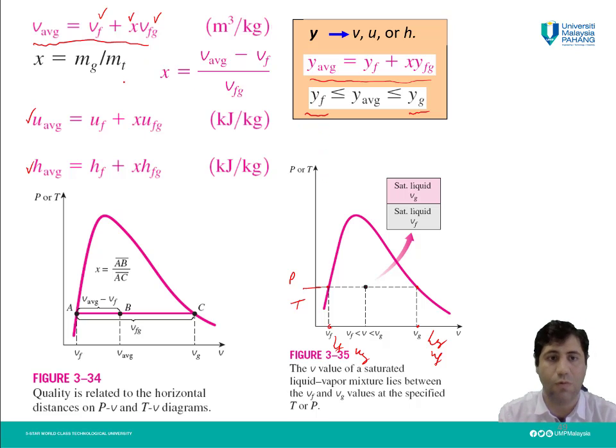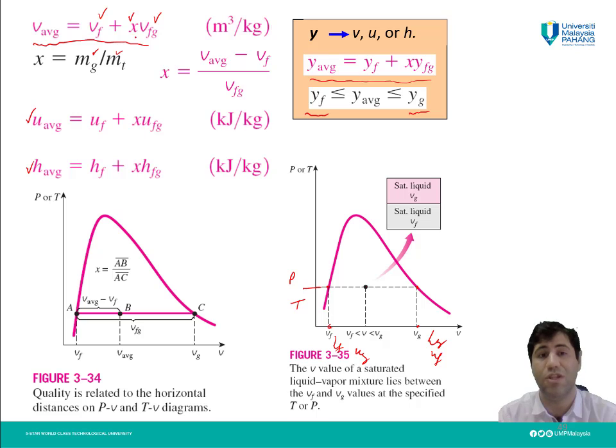And sometimes we may not have the mass of vapor or the total mass. We may have only the Vf and Vfg. How can we have these two? If, for example, the pressure or temperature is given and we know how much it is, we can simply go and find this.